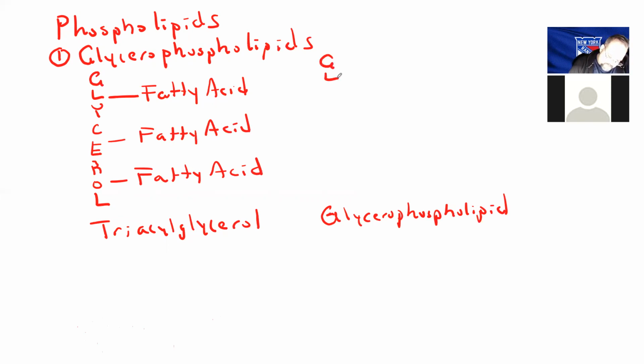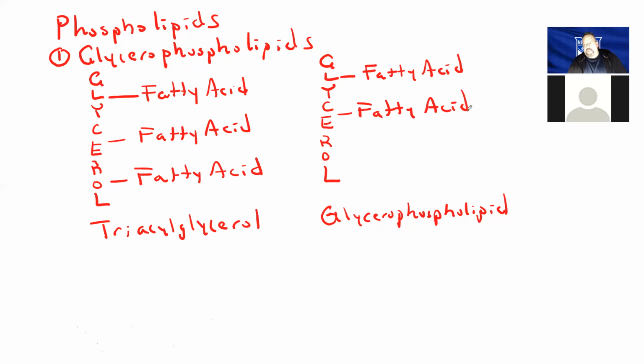We still have the glycerol backbone. Attached to 2 of the oxygens of glycerol, you're going to have fatty acids, which can be the same or they can be different. But the difference is that we're not going to have a 3rd fatty acid connected to the glycerol.